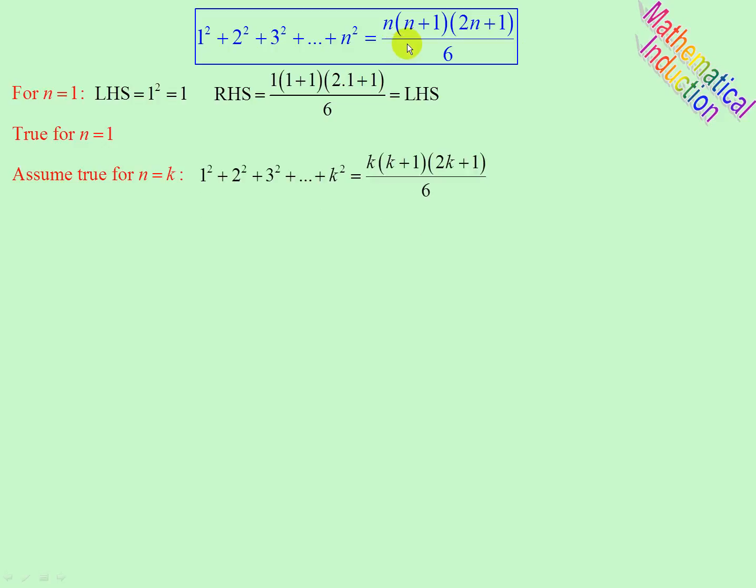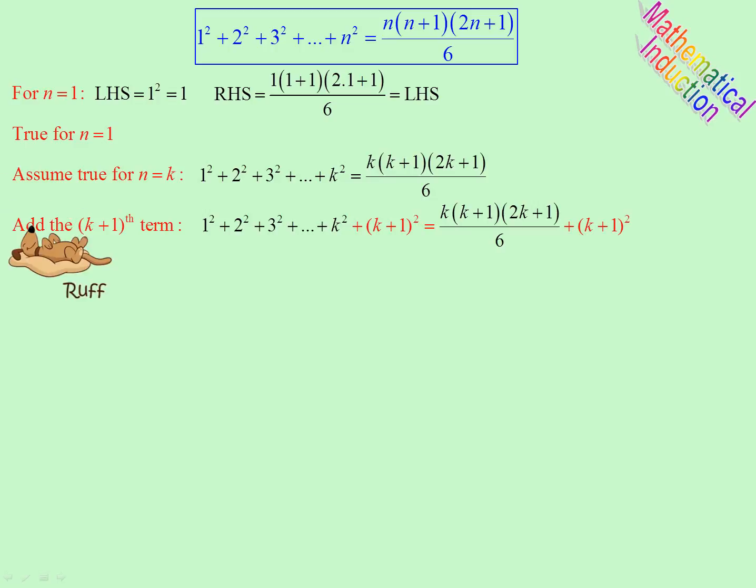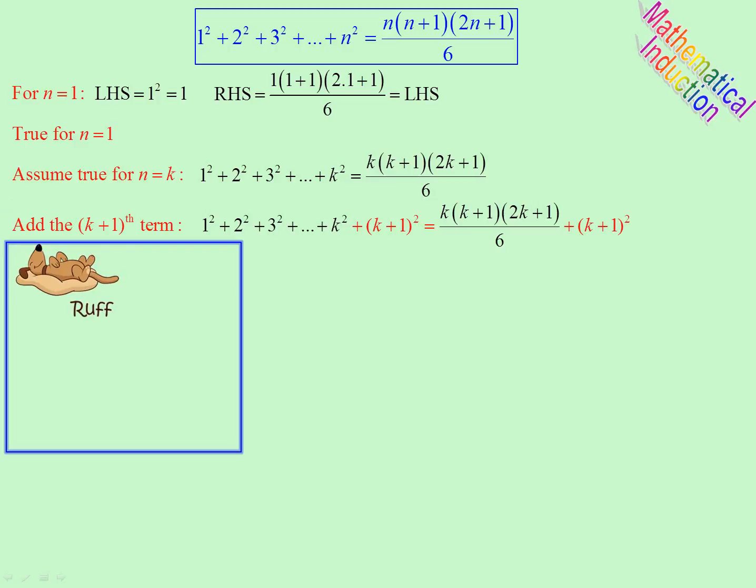Now we need to show that we can get on to the next rung from there. So we add the k plus 1th term. Now we go to the rough work.